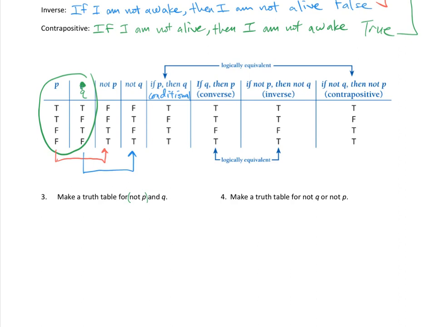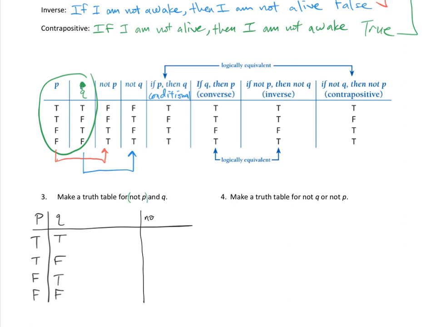So what I'm going to do is set up a truth table like this with P and Q. And way over here to the right, I'm going to write not P and Q. So before I start attacking this column, I want to know what else do I need in order to be successful with this. Well, I need not P and I need Q. Well, I have Q. Q is right here.